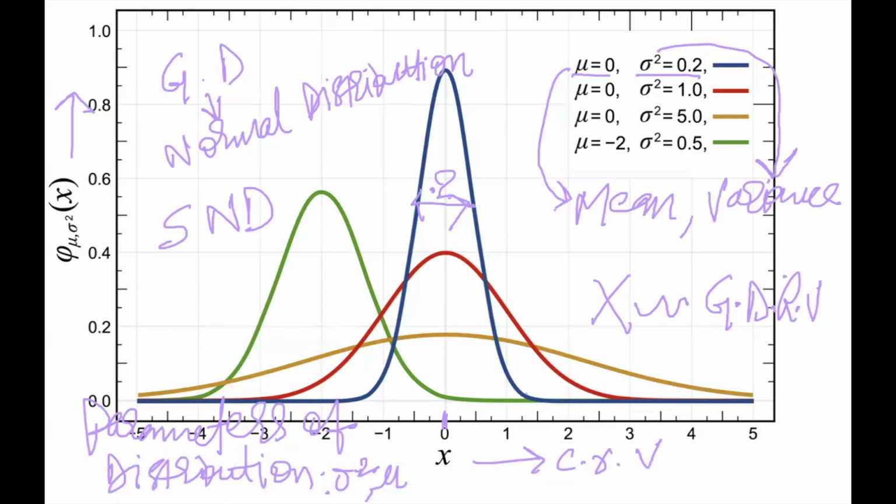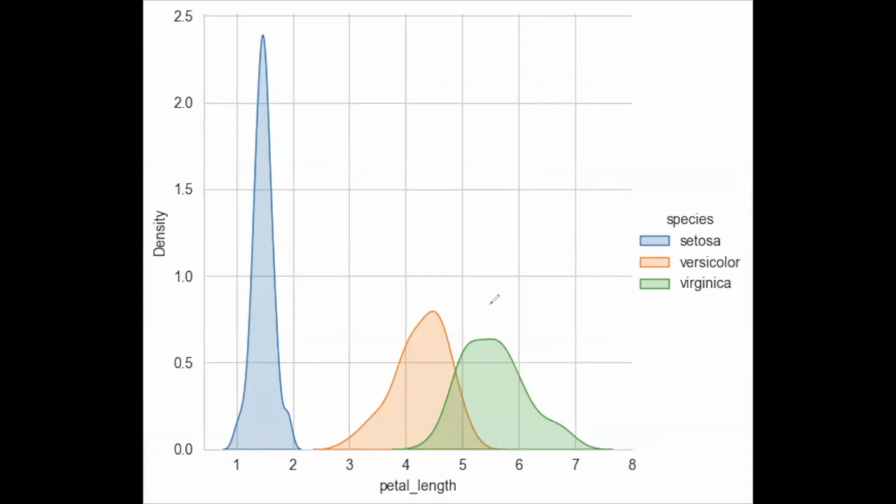Let me show you something more profound. Let's look at this data for a second. I have my random variable as petal length here. Imagine somebody tells me that these setosa flowers have a mean of, let's say, 1.5.